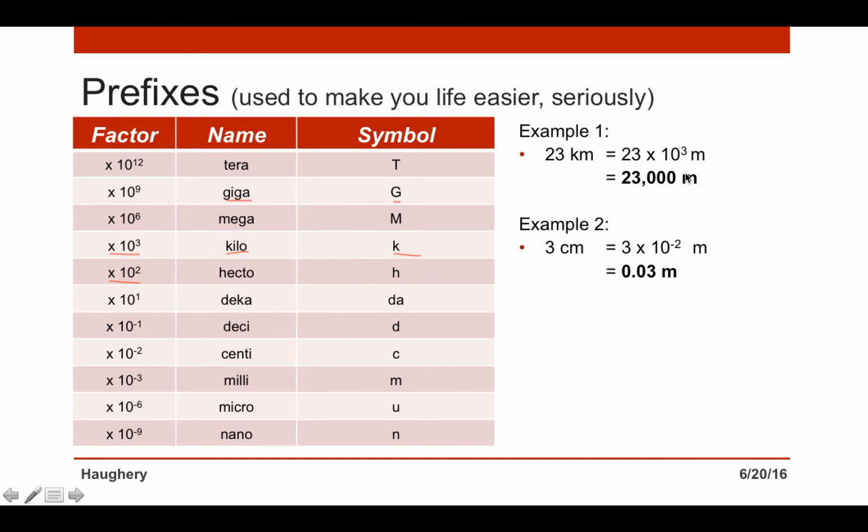Of course 23 km is just 23 times 10 to the 3rd. K is times 10 to the 3rd, and so that's 23,000. So we could just write 23 km instead of 23,000 m. Similarly, 3 centimeters we can write instead of 0.03 meters.